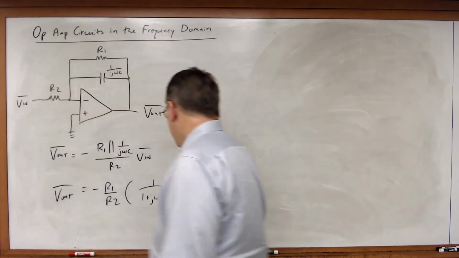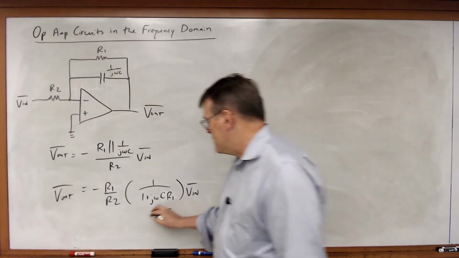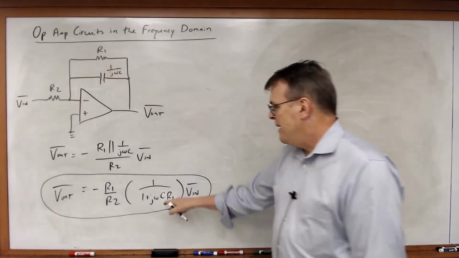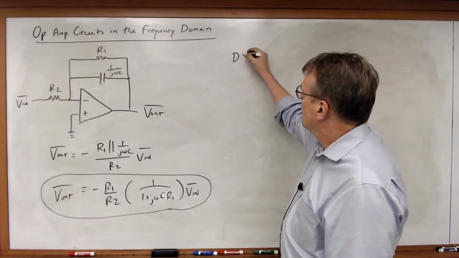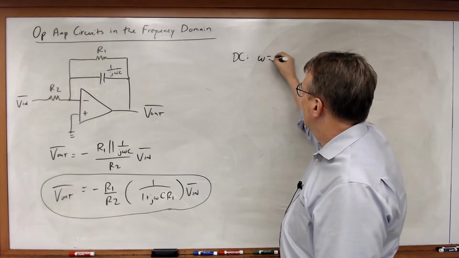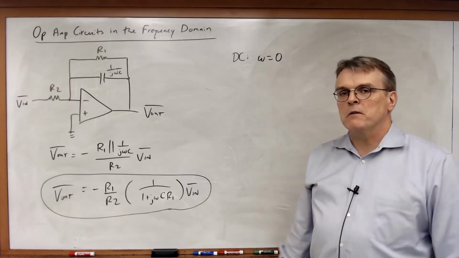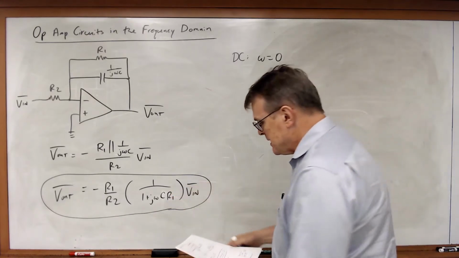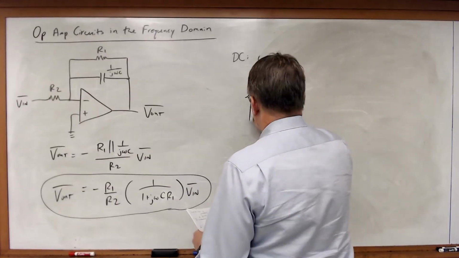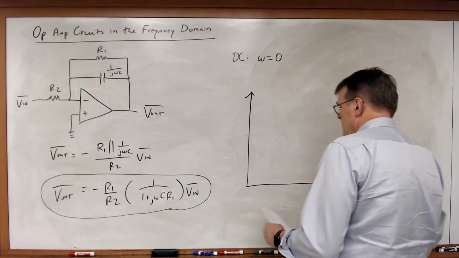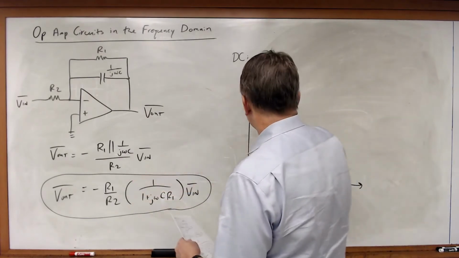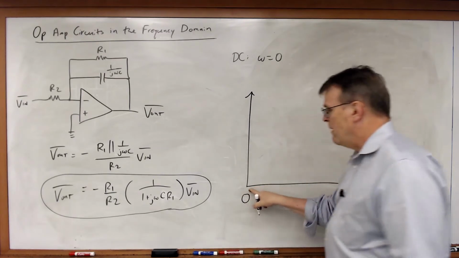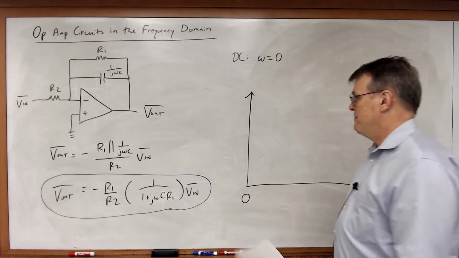Let's consider how this function behaves. Let's consider a DC circuit, where omega is equal to 0. I'm going to sketch V out over Vn as a function of frequency, starting right here on the DC side.